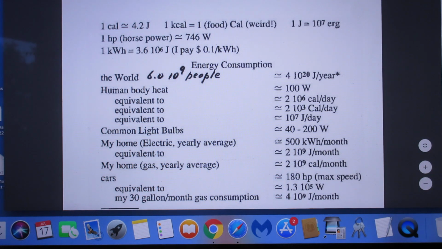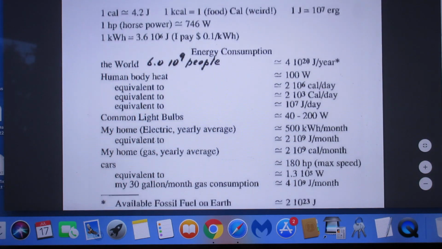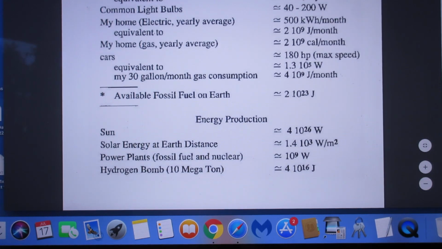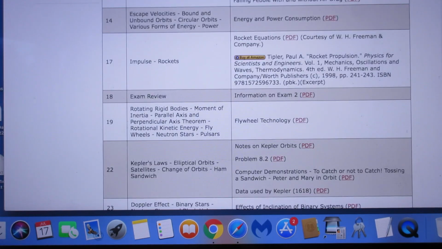The world, at the time that there were 6 billion people, right now there are more than 7 billion. So that was lecture 14.